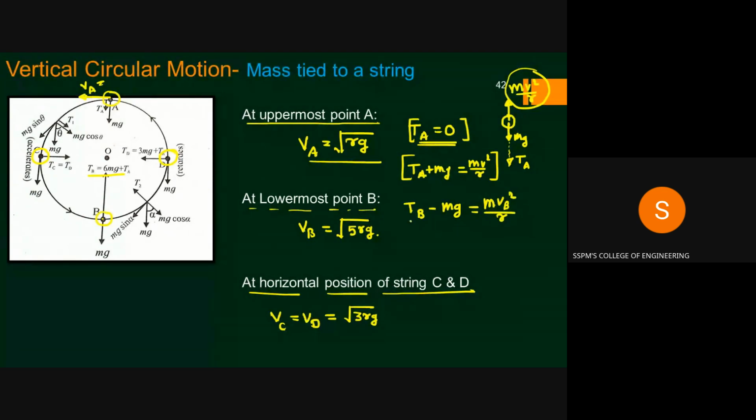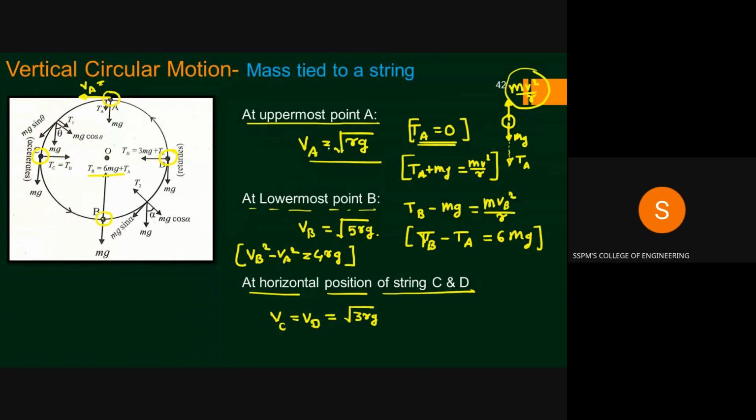And from these two equations, if you put the value of minimum velocity, we will get the tension difference Tb minus Ta, which is equal to 6 mg. And the velocity difference, Vb square minus Va square, is equal to 4 rg.